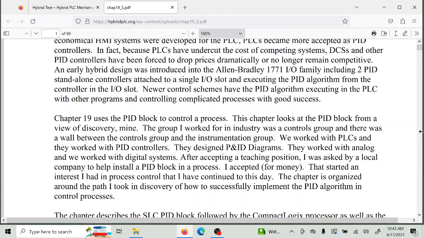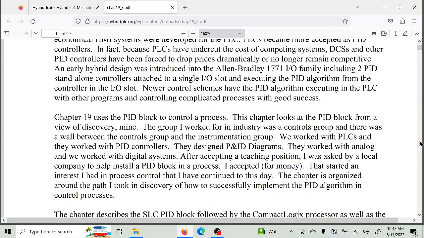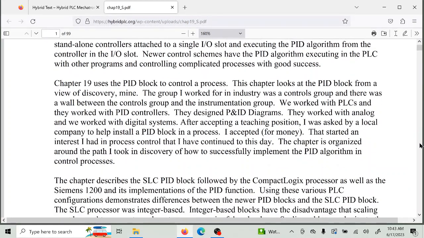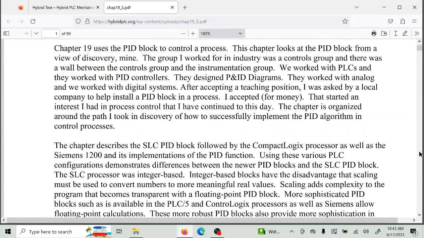And after I had become a teacher, I was asked by a local company to help install the PID in a process, and I accepted, and that started my experiences in this area, and gradually it became more and more part of the program, and something that I believe is important to teach.